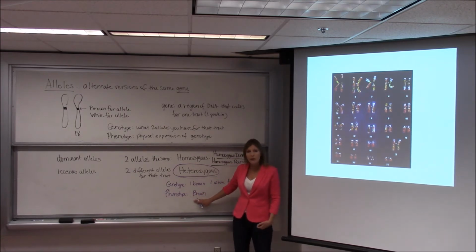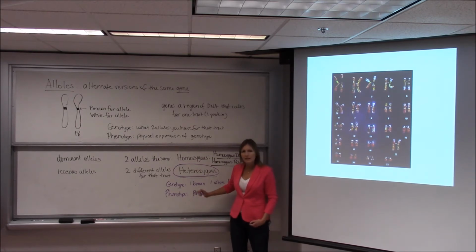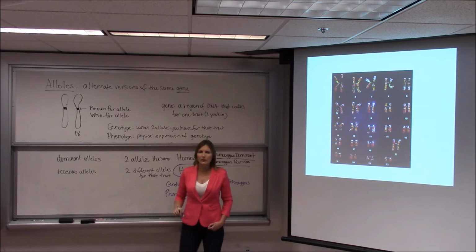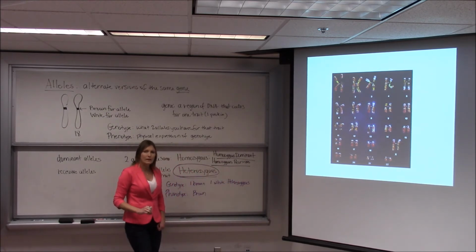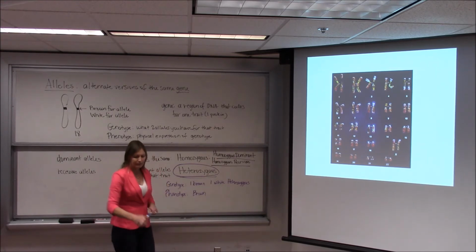And we would know that we're talking about a case of what we call complete dominance. And that's the first pattern of inheritance we're going to look at. We're going to look at a pattern of inheritance in which one allele is completely dominant over the other allele.